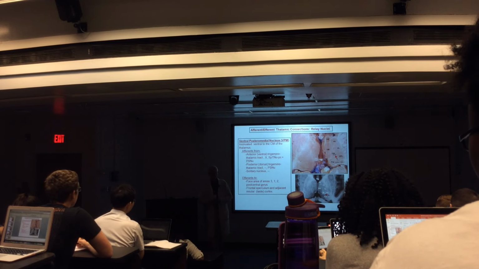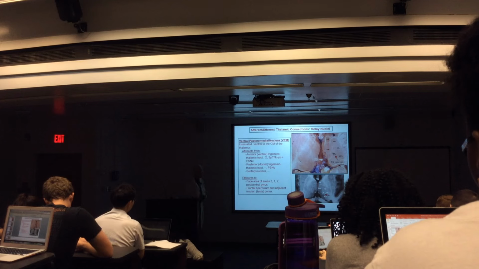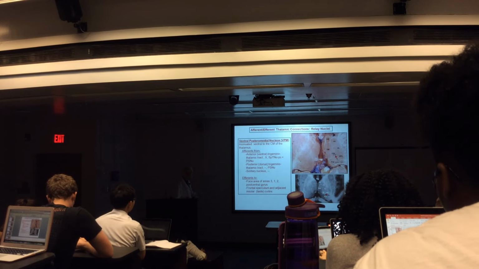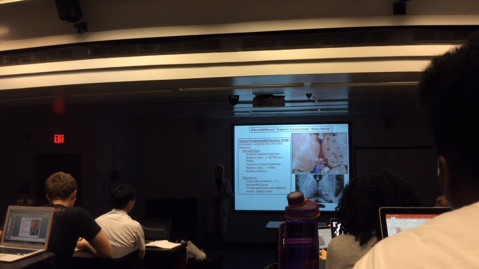So some of that's going to go through that nucleus. Again, VPM is related almost exclusively to the head. Efferents go to the face area of 3, 1, 2 of the postcentral gyrus, and the frontal opercula, the things that hang over the insular cortex, some of it goes into that. But it's the face area that we're primarily concerned with.